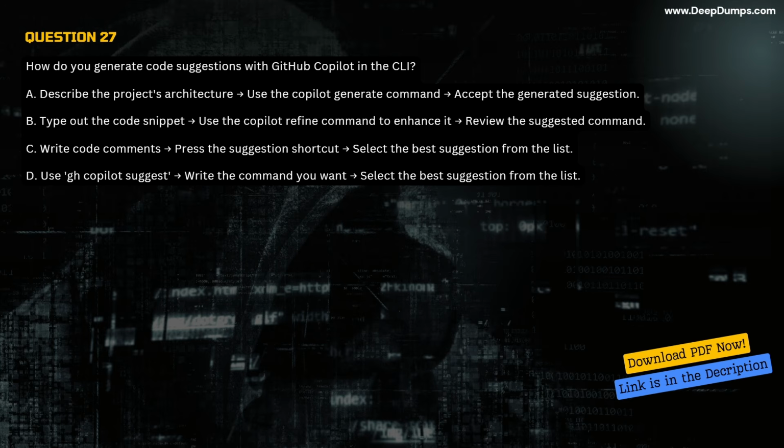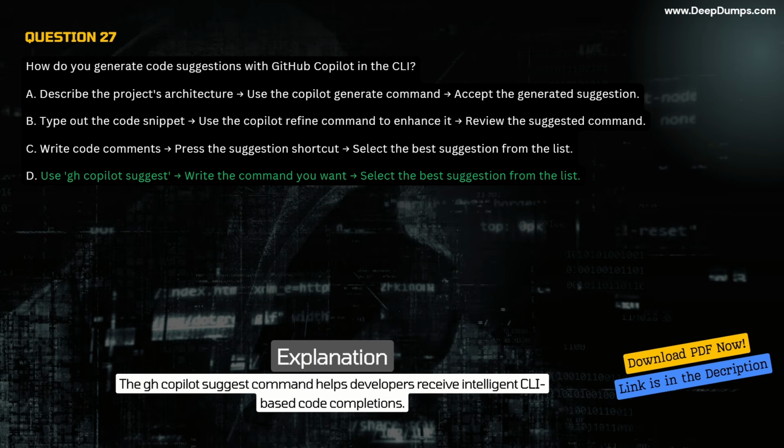Select the best suggestion from the list. D. Use GH Copilot suggest. Write the command you want. Select the best suggestion from the list. Correct answer D. Use GH Copilot suggest. Write the command you want. Select the best suggestion from the list. Explanation. The GH Copilot suggest command helps developers receive intelligent CLI-based code completions.